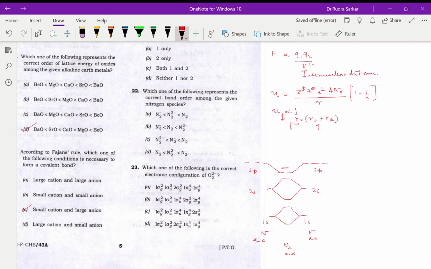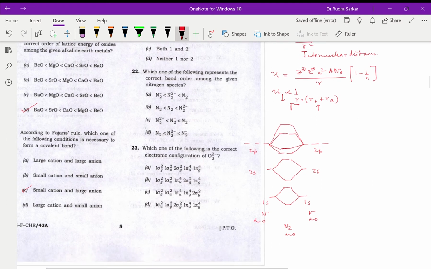So these are all bonding in nature. Then we have the anti-bonding pi orbitals, and this is the anti-bonding sigma orbital coming from the overlap of the 2p orbitals.